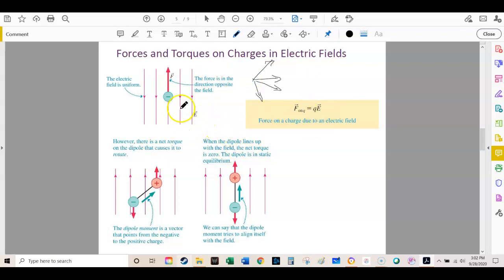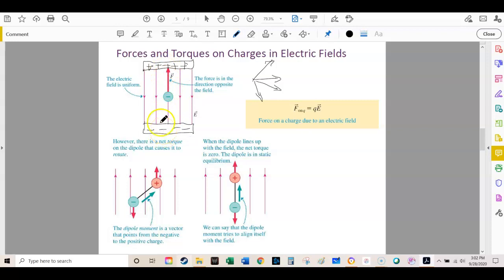And just to remind you, if you place a negative charge in a downward pointed homogeneous electric field, that negative charge is going to move opposite the direction of the electric field. Okay? That is because the negative charge is moving towards the positives and away from the negatives.